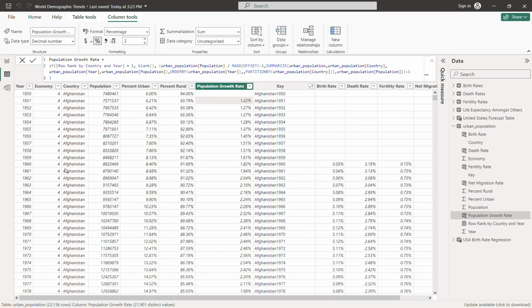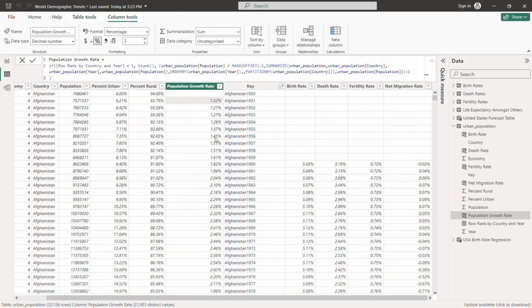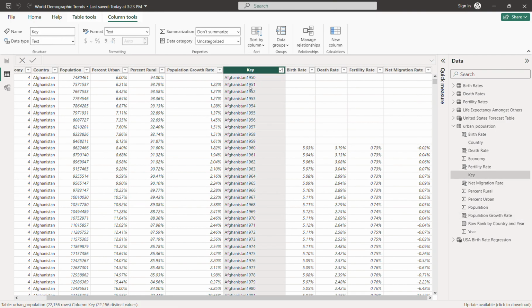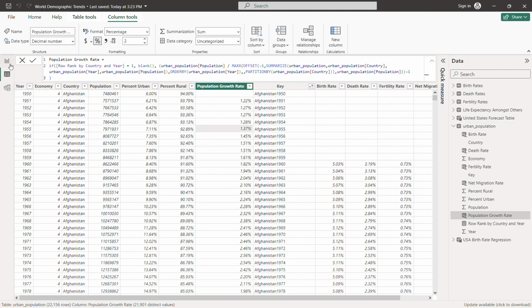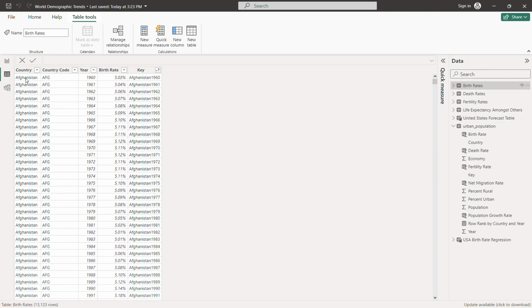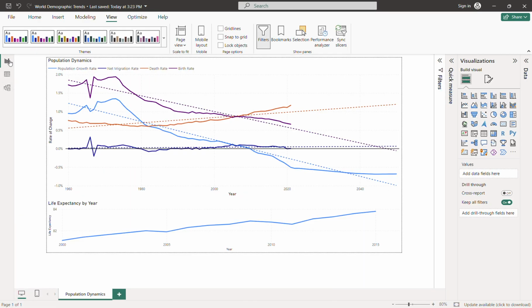The way I was able to bring those data points into the table was by concatenating the year and the country, so that I would have a unique key available for each row in the table, and then I could link that to, for instance, the birth rate table, where I did the same thing: I see Afghanistan, 1960, concatenate the two together, and you have a unique key for each row.